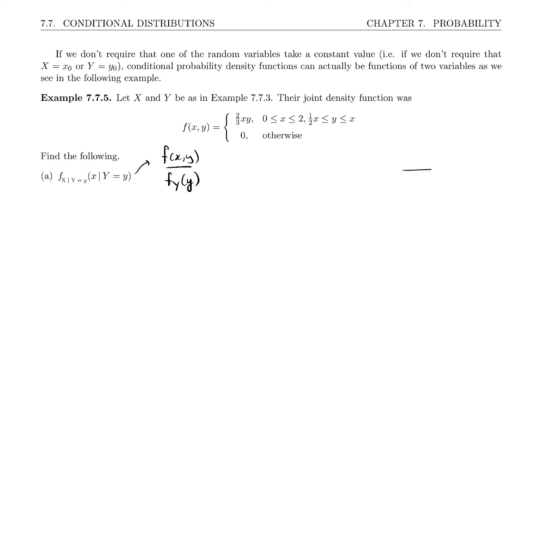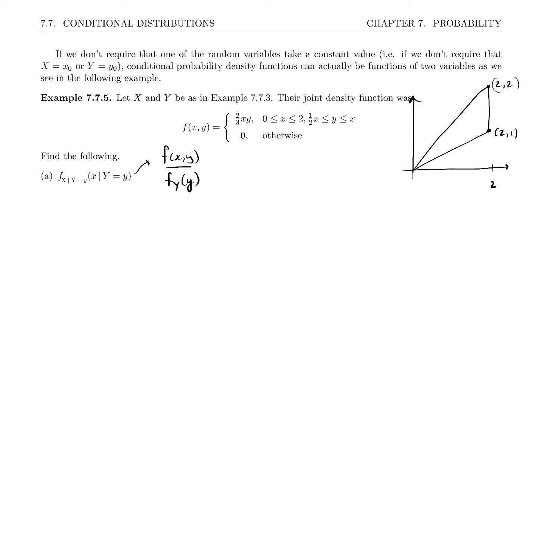So let's draw ourselves that support, and x goes from 0 to 2, y goes from 1/2 x to x, and so we end up with this triangular region here where this is the point (2, 1), and this is the point (2, 2).